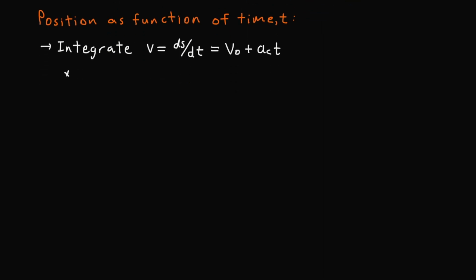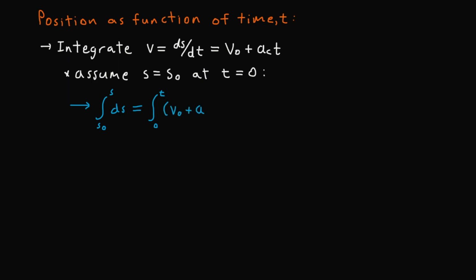So now, similar to before, we want to assume our initial conditions to be s equal to s naught at t equal to 0. So here we isolate ds, and we take the integral of ds from s naught to s, and then on the right side is the integral from 0 to t, and here I'll substitute in v naught plus ac times t for velocity.